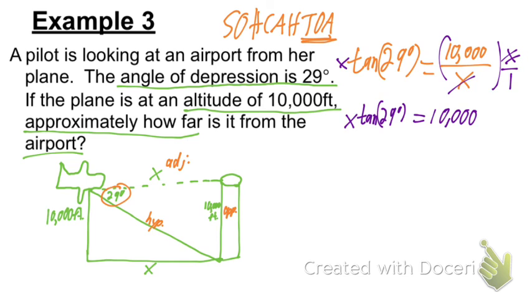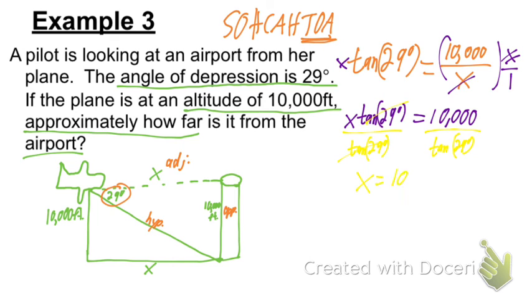So now, we say, okay, well, how do we get x by itself? It's currently multiplying with tangent of 29 degrees. So we have to divide both sides by the tangent of 29 degrees. So, those divide out on the left-hand side.